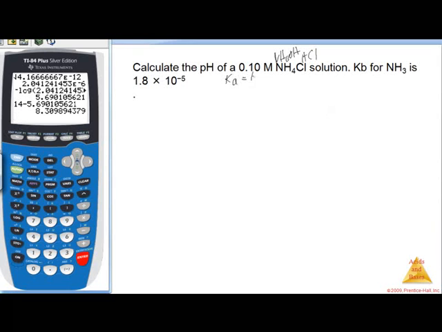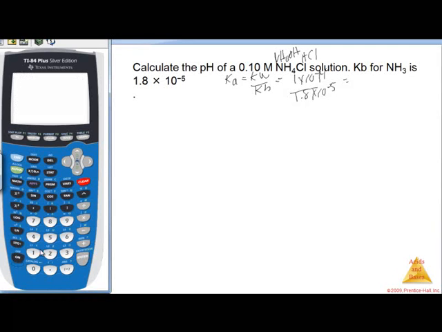Ka is going to be my Kw over my Kb, which is 1 times 10 to the minus 14 over 1.8 times 10 to the minus 5. Let me clear that.